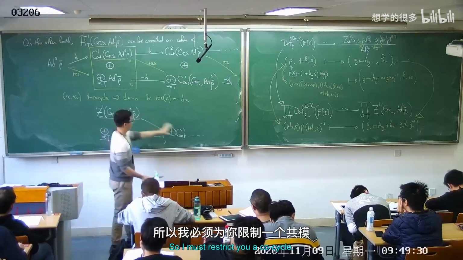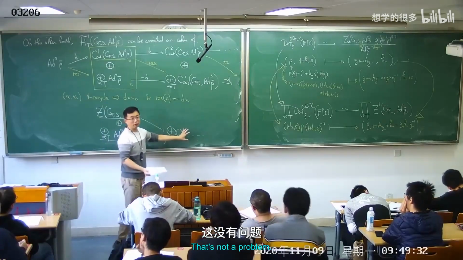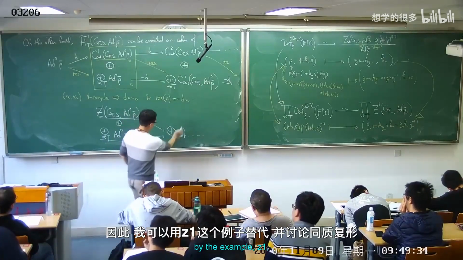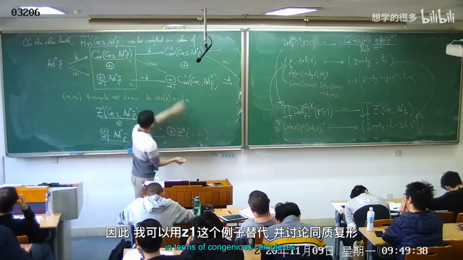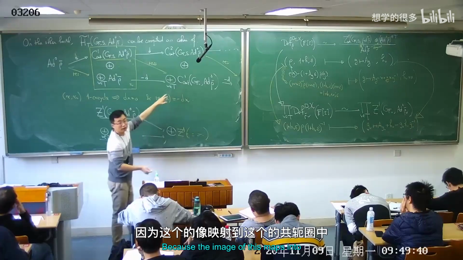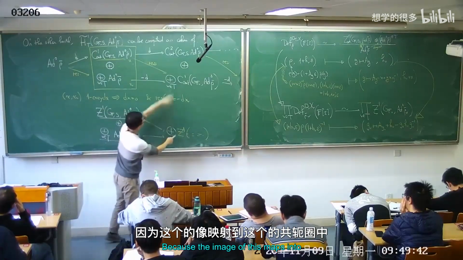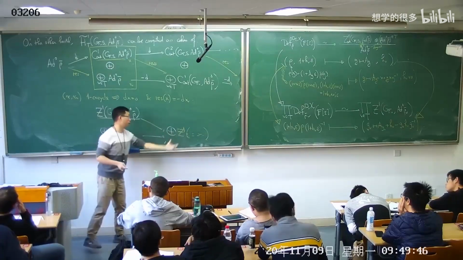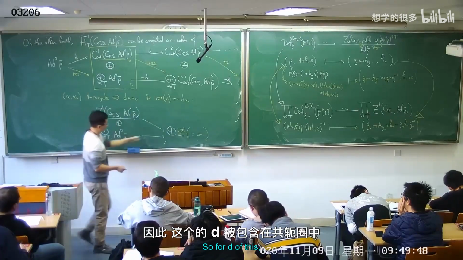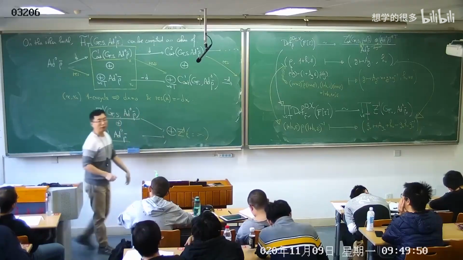So I must restrict to a co-cycle. That's not a problem. Therefore, I can replace this by a direct sum of Z1 instead of the continuous complexes, because the image of this maps into the co-cycles of this one. If you are globally a co-cycle, then it must restrict to a co-cycle. Similarly here, D of this is contained in the co-cycles, right?